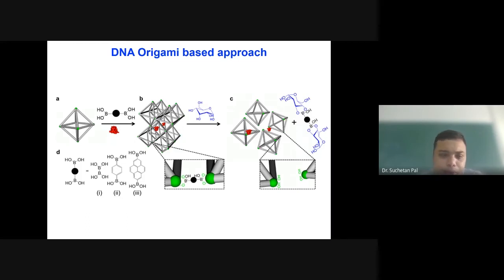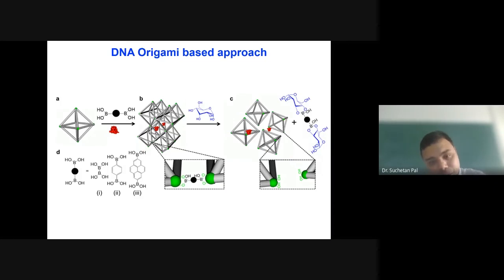The chemistry I'm not going to go into, but you can see that this kind of linker molecule cross-links these individual DNA origami into a hydrogel, and then after glucose is introduced in the system, this 3D network is disrupted, and you can see the insulin coming out from the network.